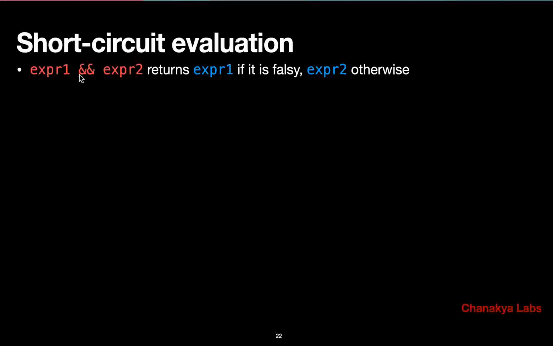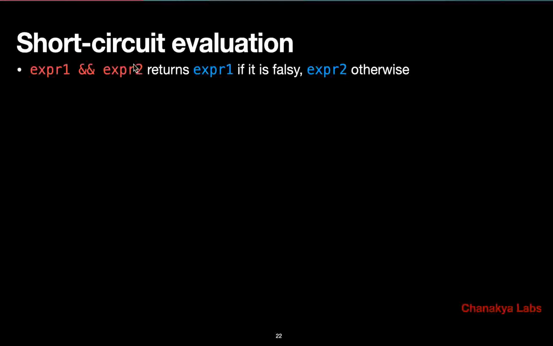So for example, here I got expression 1. If this thing is falsy, then I know that I don't need to go forward, so I will simply return this only. So if this thing is falsy, then this thing is returned. But if this thing is truthy, then go ahead and see the next one.